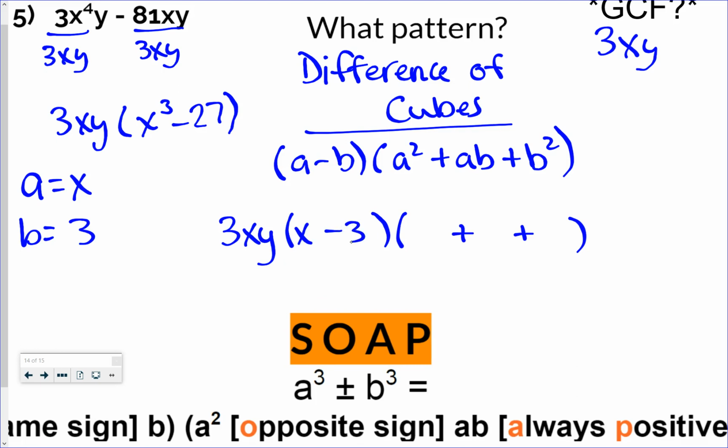X squared, 3x, plus 27. Okay, careful. It's a square, so what is 3 squared? 9. So I got one thing wrong. It is 9. Remember, 3 squared is 3 times 3. Okay. So I did see better things this time.